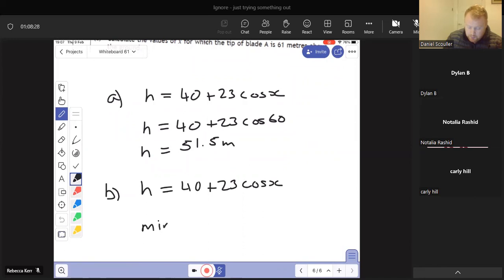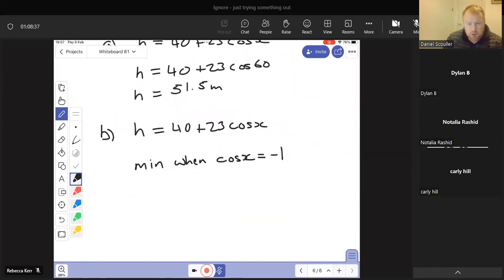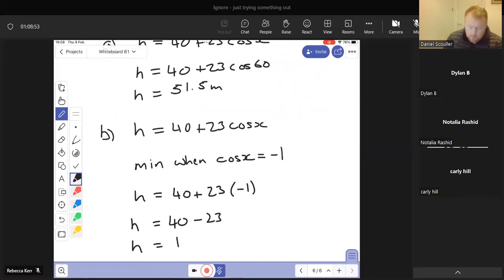It's going to be a minimum when cos x is equal to -1. So we substitute that in. h equals 40 plus 23 multiplied by -1. So h is equal to 40 minus 23. What does that give you? 17 meters.